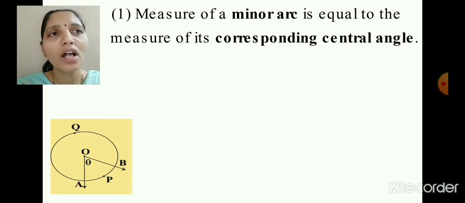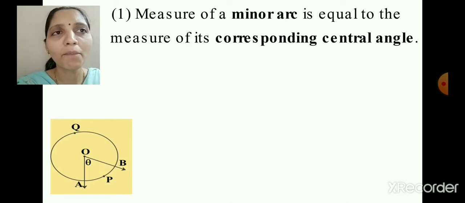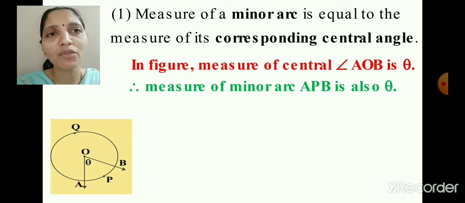Now let's see some important points here. First point, the measure of a minor arc is equal to the measure of its corresponding central angle. So here in this figure, if you observe, angle AOB is given as theta. So the measure of this angle is theta.